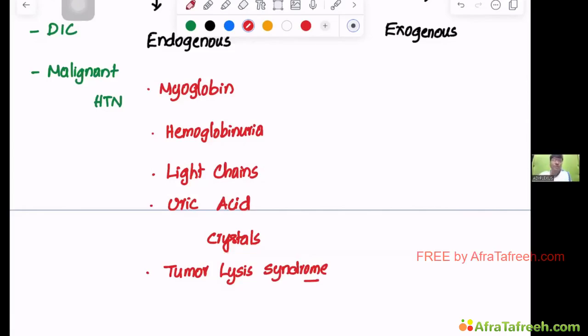Let us just assume a patient has been given chemotherapy for a tumor. And after 2 days, he came back to you with complete renal shutdown. He says that there is no urine output, my abdomen is completely bloated, all over the body completely swollen. What is this? That could be tumor lysis syndrome.